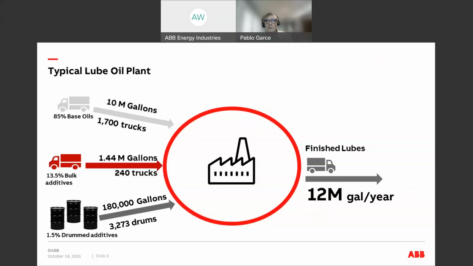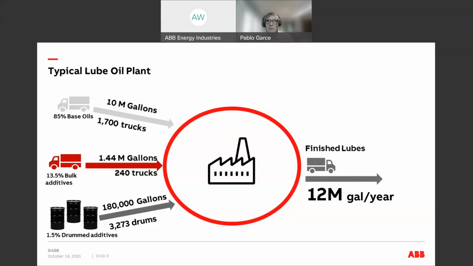Usually the bulk components, the ones that are dosed in quantities sufficient to be worthwhile bringing in bulk containers, in truckloads or isotainers, depending on formula, it may be 8, maybe 12 percent, but on average we talk about 13.5% of the total volume, or equivalent to 1.5 million gallons, 1.4 to be more specific, or 240 trucks.